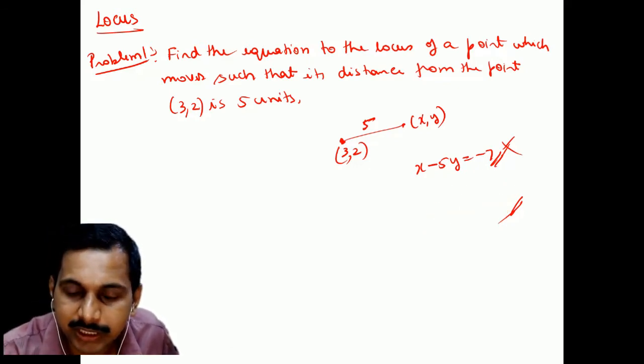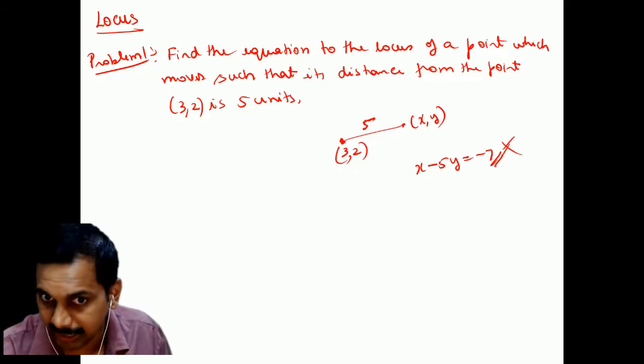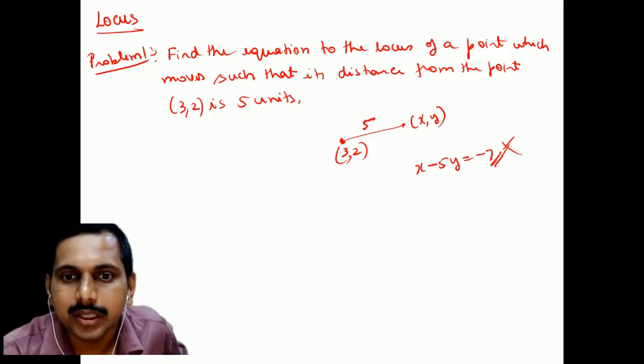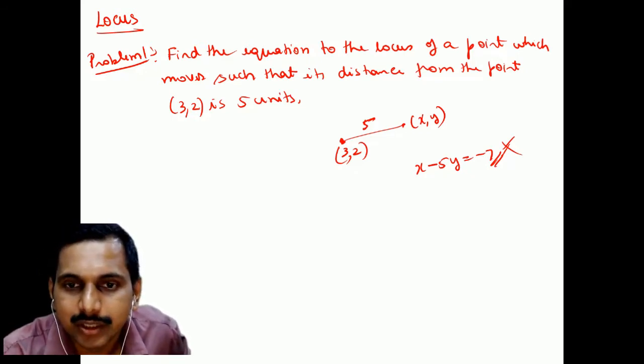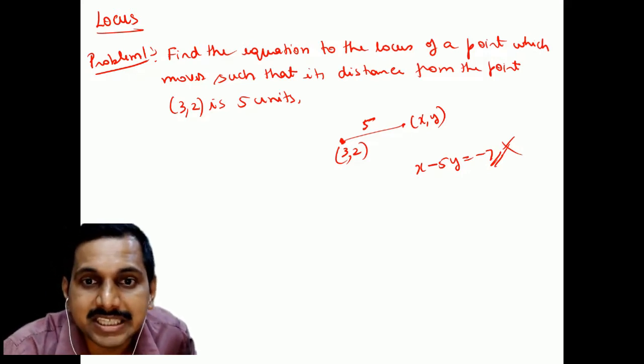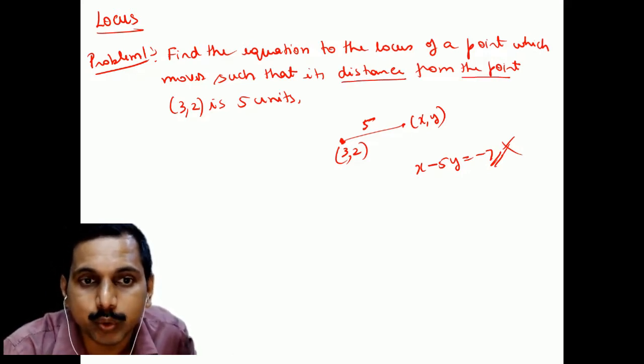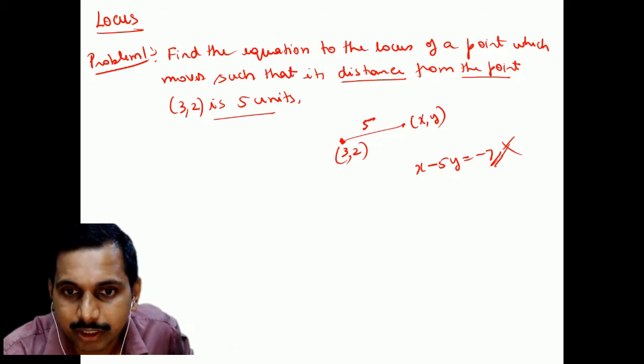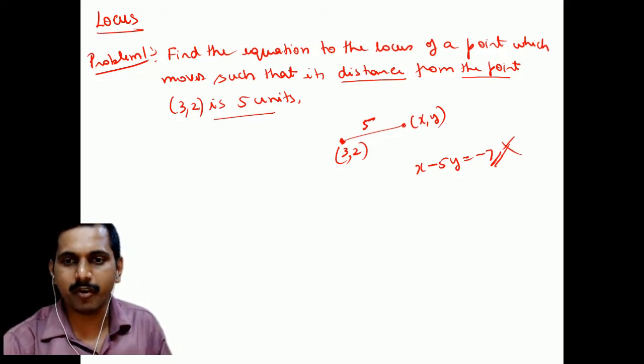Whatever we have done till now, on that basis only we can do it. You know the distance, is it not? It is said the distance from the point (3, 2) is 5 units. So the distance from (3, 2) to (x, y) is 5 units. What is the distance formula?